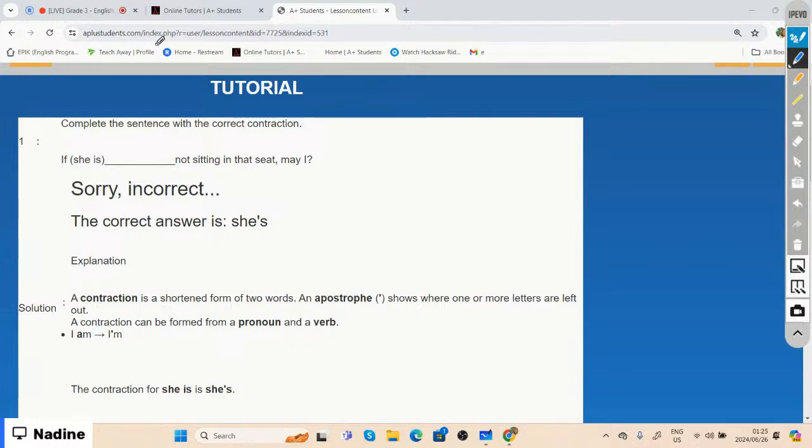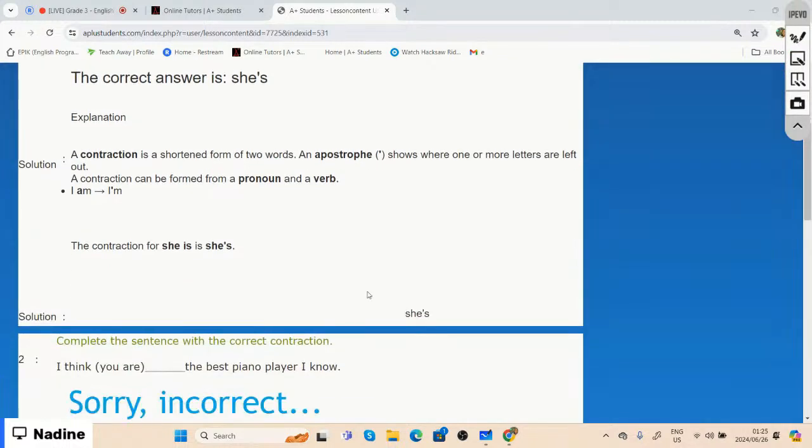All right, so we can say if she's, and there we add our apostrophe. So if she's not sitting in that seat, may I? So she's is our contraction, which is shortened for she is, right?